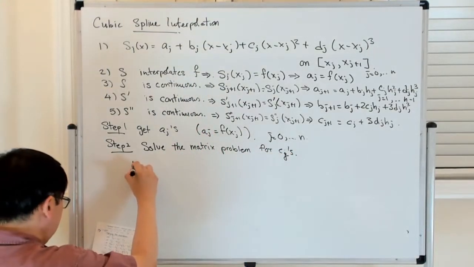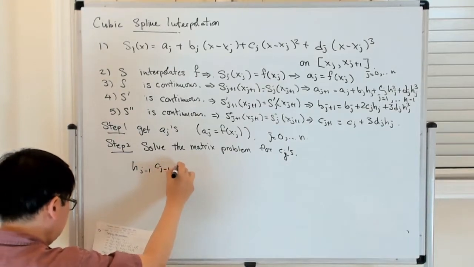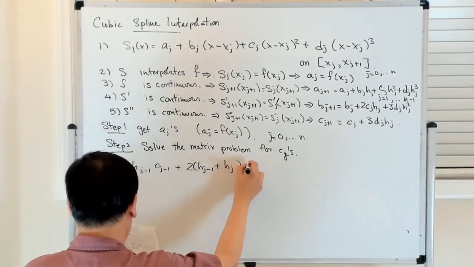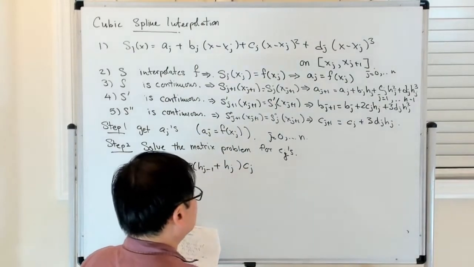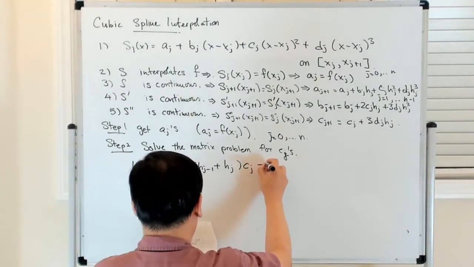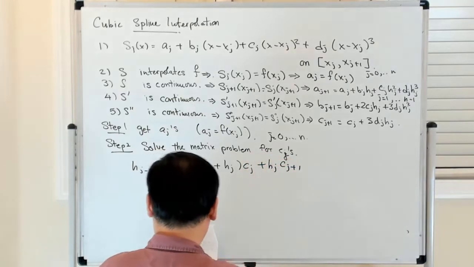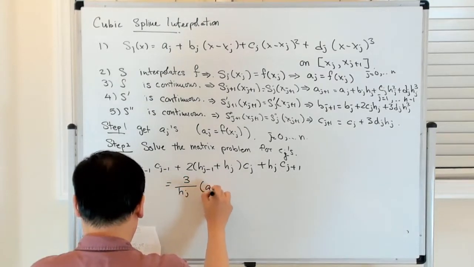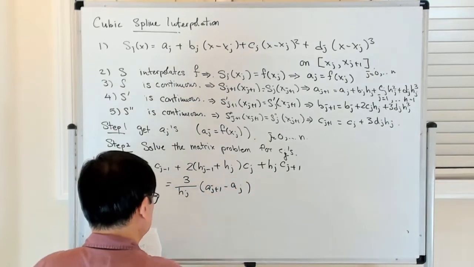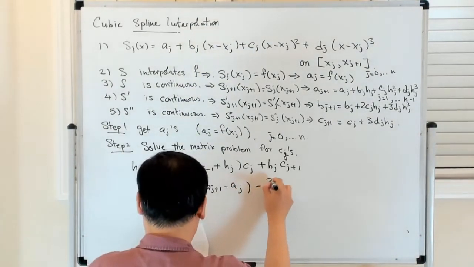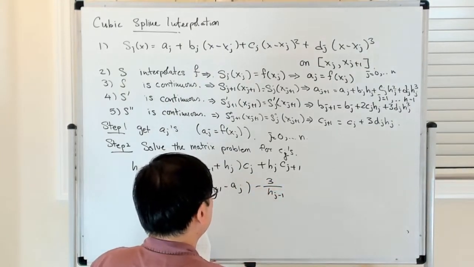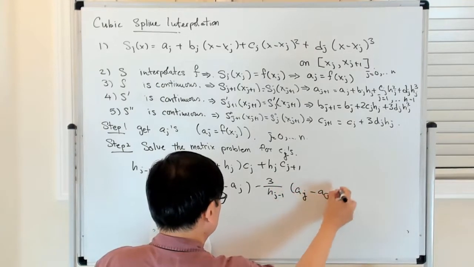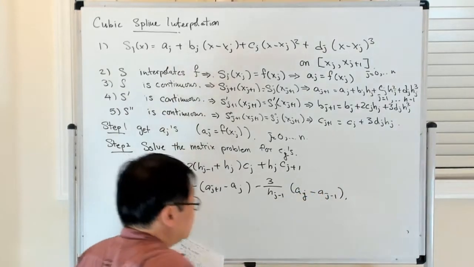Okay, so h_{j-1} c_{j-1} plus 2 (h_{j-1} plus h_j) c_j plus h_j c_{j+1} is equal to 3 over h_j (a_{j+1} minus a_j) minus 3 over h_{j-1} (a_j minus a_{j-1}).